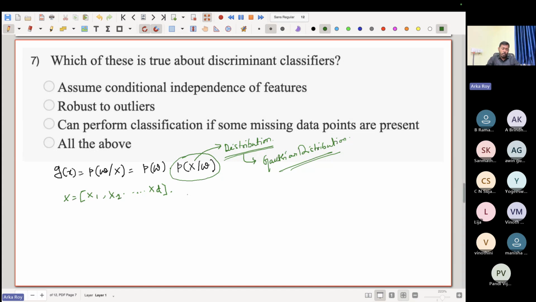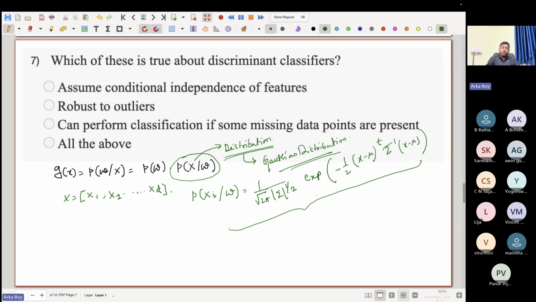Therefore, we wrote the equation as P of x given omega equal to 1 upon root over 2 pi to the power half, then exponential minus half x minus mu transpose sigma inverse x minus mu.